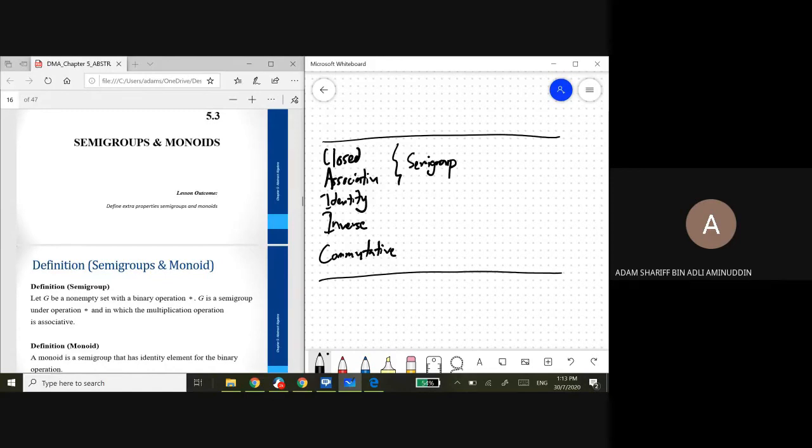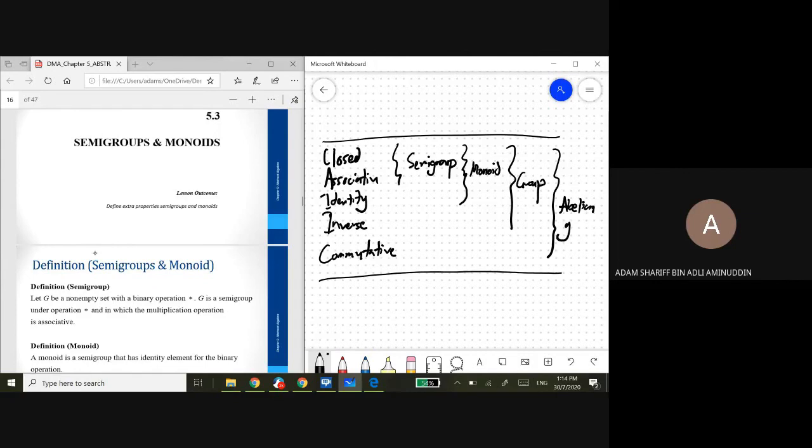A semi-group might not necessarily be a group, but a group is definitely a semi-group. If it satisfies closed, associative, up until identity, we call it a monoid. And if it satisfies 4, we call it a group. You see, semi-group is a subset of monoid. Monoid is a subset of a group. And lastly, if it satisfies all, we call it an abelian group.